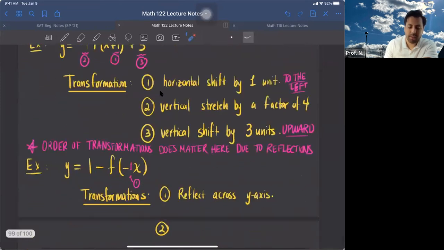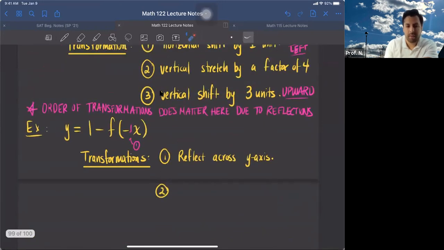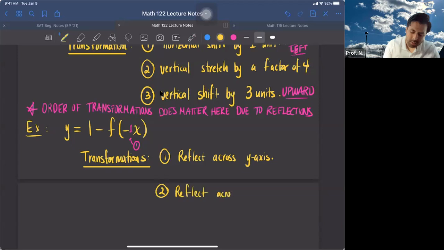So once we reflect across the y-axis, then what? Right. Then we reflect across the x-axis. And that's number 2 here.